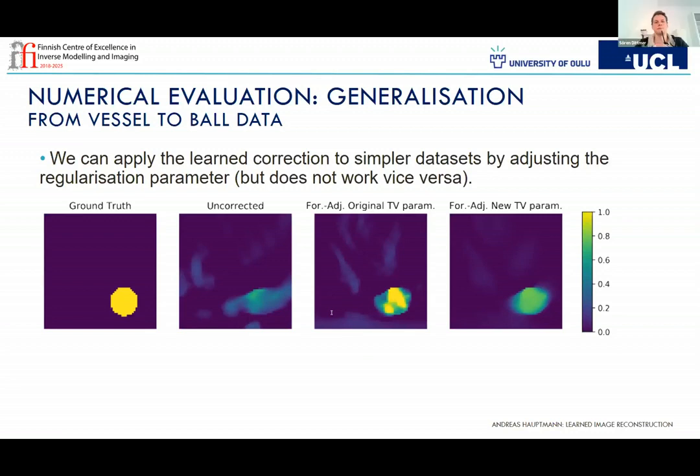I would have a question. Sure, please. So you learned an approximation to the forward operator and you learned an approximation to the gradient of the fidelity term, right? We did learn a correction of the forward, and basically, yes, we learned a correction of the gradient given the correction of the forward.